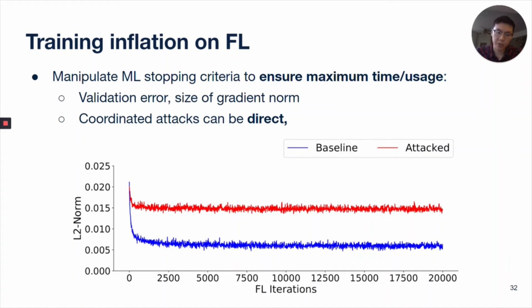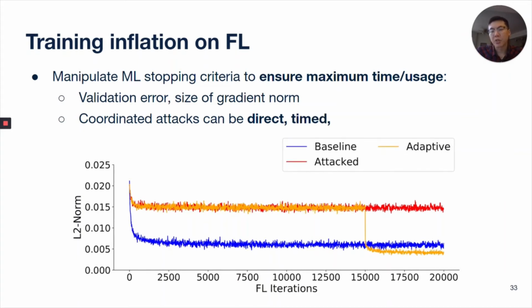But we also show in our paper the validation error, various statistics used to define early stopping criteria in a machine learning setting. Sybils have the ability to join the system and manipulate these metrics to arbitrarily extend the length of the training process. For example, this can be done very directly and throughout the entire training process.